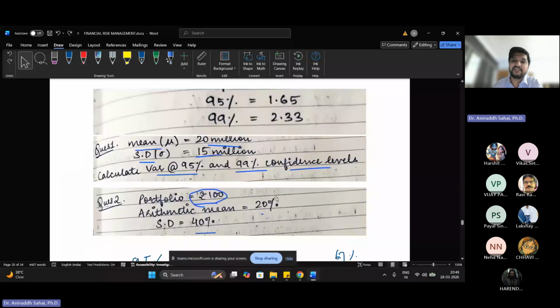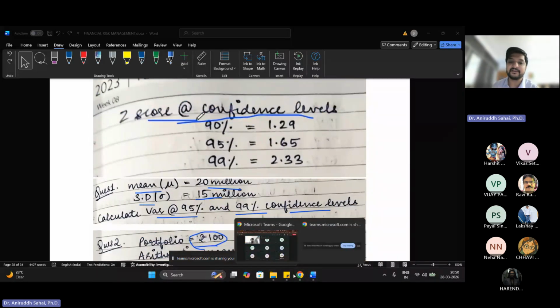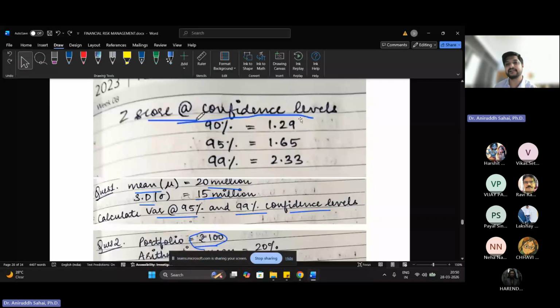Right now we are looking at risk. So for risk, we are concerned only about the negative, we are not concerned about the positive. That's the reason these values for the Z score are given only for one side, not for the other side. Okay, this is a difference that you have to keep in mind, because we are concerned about risk, we are not so worried about the positive returns.